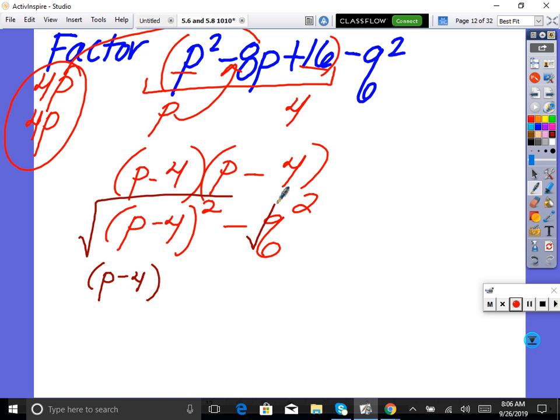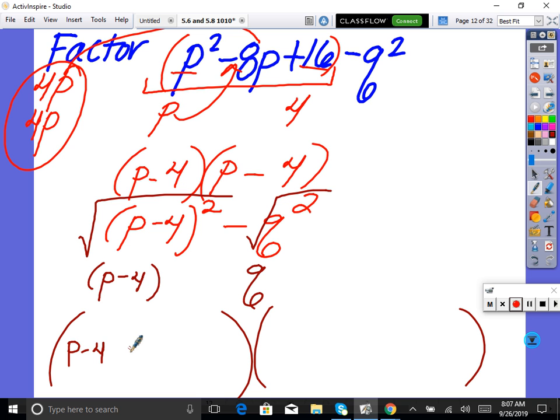If I square root the back thing, I get q. So let's put in some parentheses here. I'm going to have a p minus 4 and then a plus q. Sorry, I should have written p minus 4, yes. P minus 4 plus q, and p minus 4 minus q. And we're done.